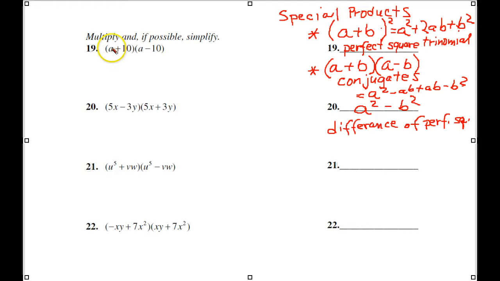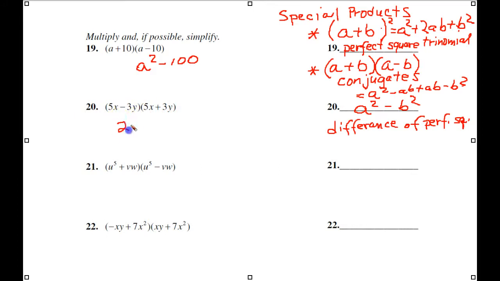So let's take a look here. Look at number 19. A plus 10, a minus 10. These are conjugates. So when you put your answer, it's going to be a squared minus 100, because your inners and outers are going to cancel out. Notice these are conjugates.